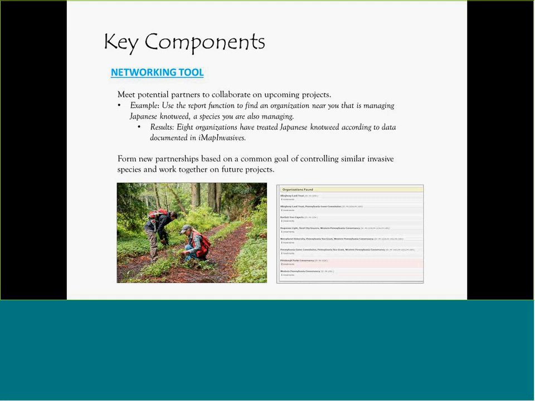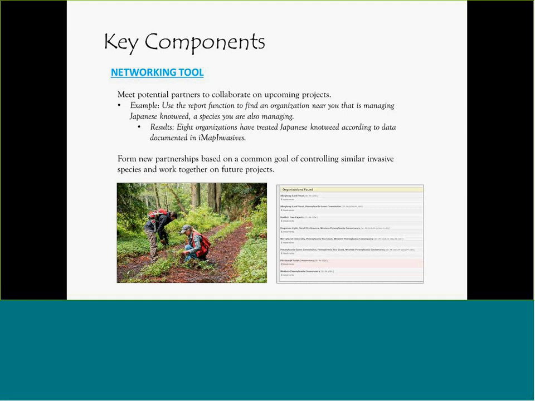We do have in iMap an option to create reports based on information that you might query for. So, for example, you use the report function for an organization near you that's managing Japanese knotweed, which is another species that you're also managing.